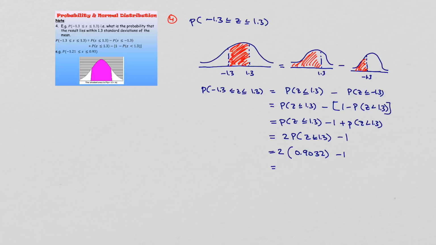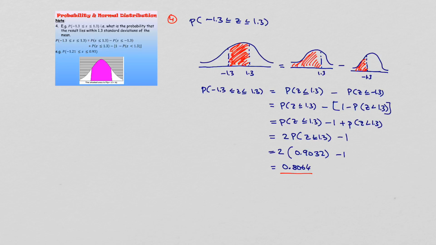So we have 2 times 0.9032, and then we take 1 away from that, and that leaves us with a probability of 0.8064. So 80.64% of the data is going to lie between minus 1.3 and 1.3.